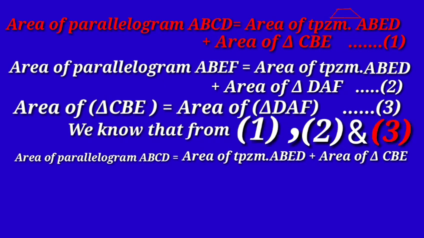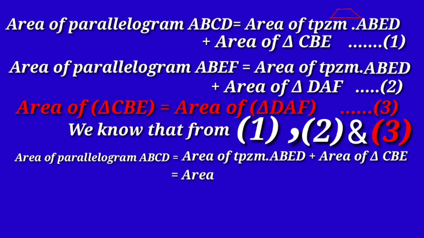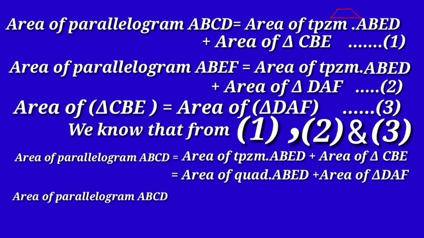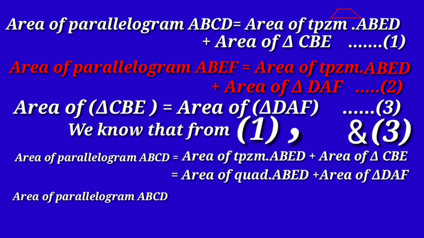From equation 3, when two triangles are congruent, then area of triangle CBE is equal to area of triangle DAF. From equation 2, area of parallelogram ABEF is equal to area of trapezium ABED plus area of triangle DAF. So area of parallelogram ABCD is equal to area of parallelogram ABEF.